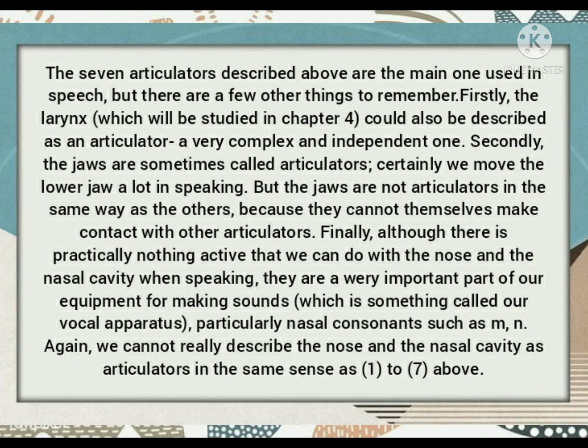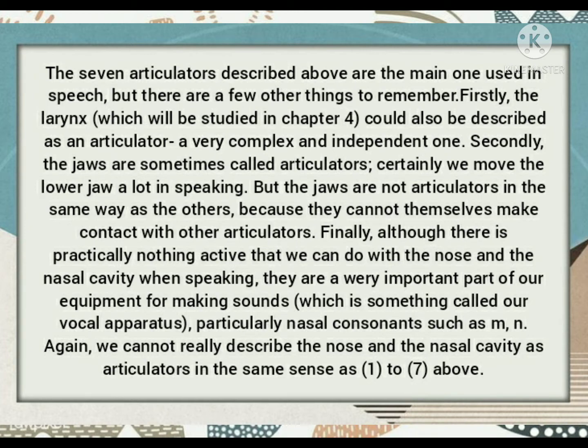Certainly, we move the lower jaw a lot in speaking, but the jaws are not articulators in the same way as the others, because they cannot themselves make contact with other articulators.